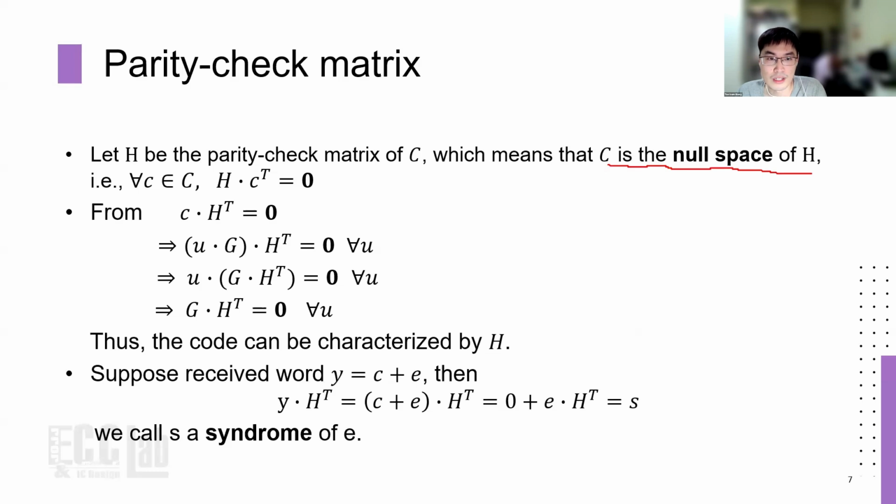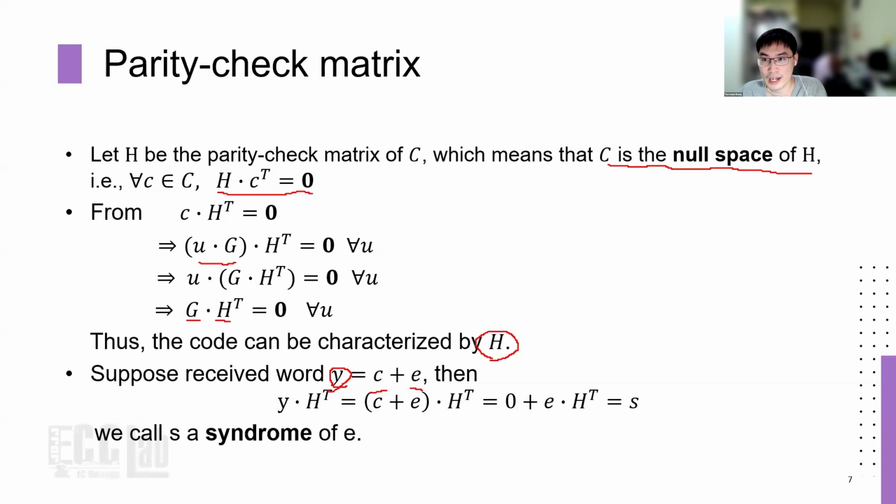Every codeword times H is 0. And further, we know that the message times G is a codeword. So we can see the relationship between G and H. Thus, the code can be characterized by H.